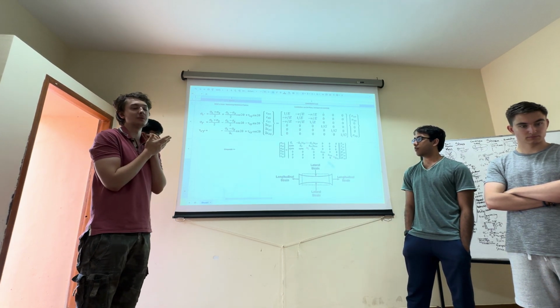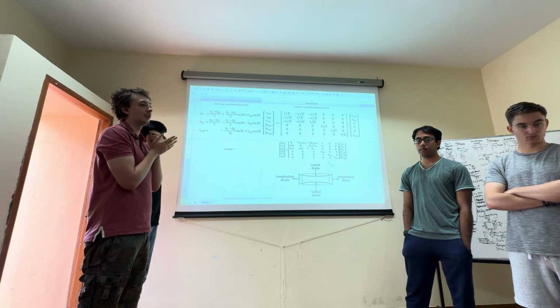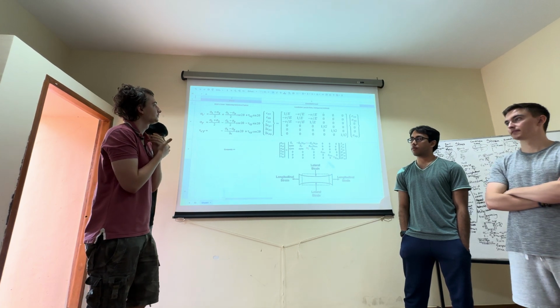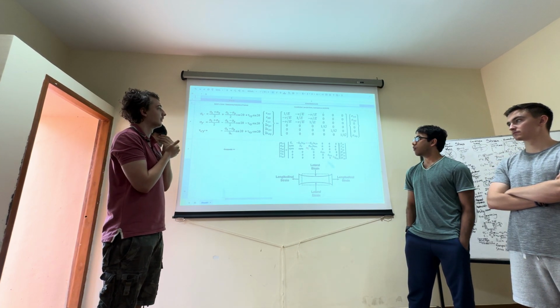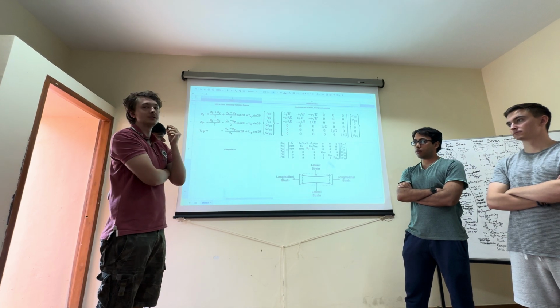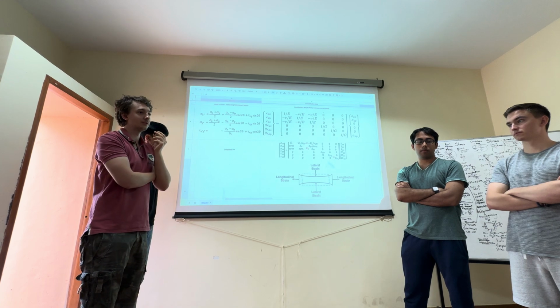The first one was found from a deformable bodies class, which utilizes an assumption of in-plane stress, which makes two of the shear stresses and one of the normal stresses equal to 0.